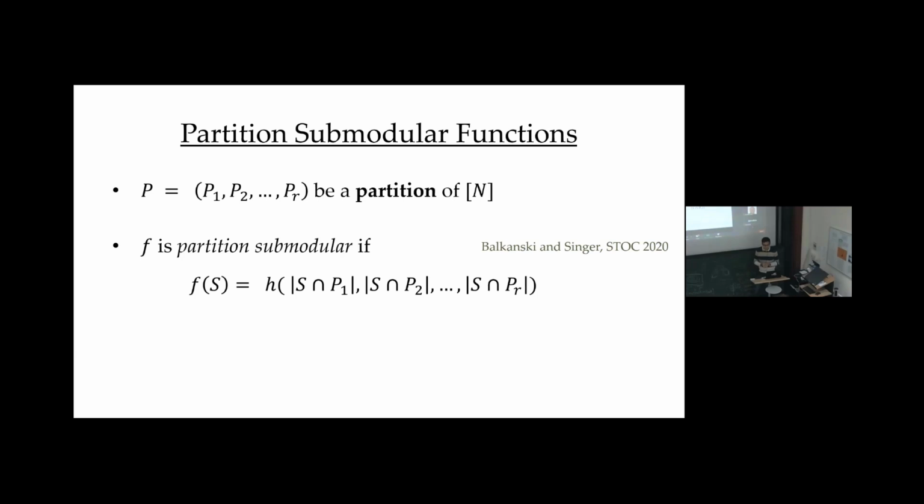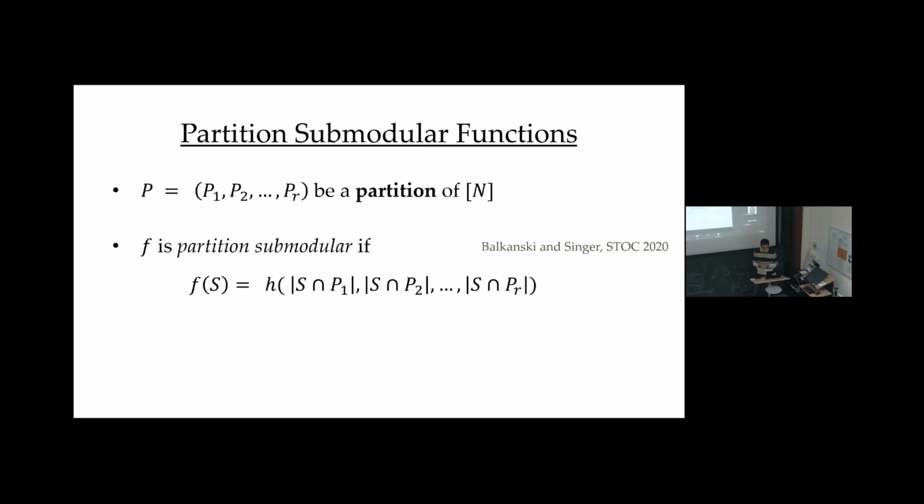In particular, there's some function h, an r-dimensional function, which takes an integer vector of dimension r to the integers, and f of S is h evaluated on the vector of |S ∩ P1|, how many elements it takes from P1, how many from P2, and so on up to PR. That's a partition submodular function.